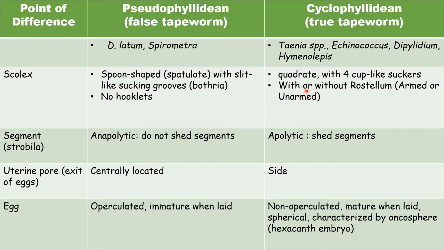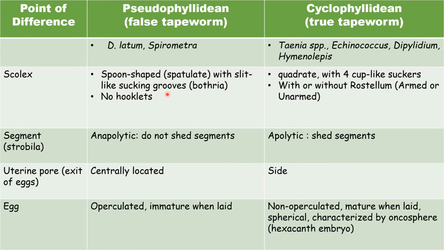While the Pseudophyllidea have a spoon-shaped or spatulate-like structure with slit-like sucking grooves known as the bothria. So guys, no acetabulum or four cup-like suckers. They have slit-like sucking grooves. Okay? And it is not associated with hooklets.